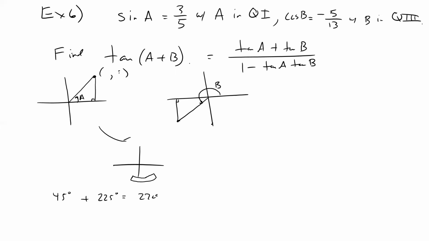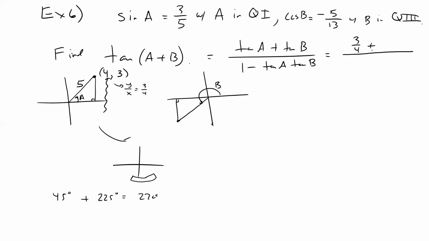Sine of A means the y value is 3, the r value is 5, and the x value, we did it last time, is 4. So I think I got a piece of it here. Anybody give me tangent of A then? It is going to be 3/4. Tangent of A is the y over x ratio, so 3/4 for the ratio.